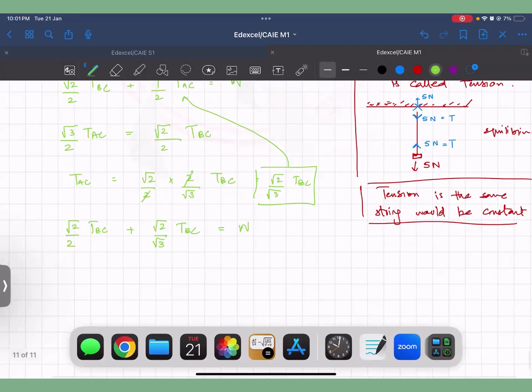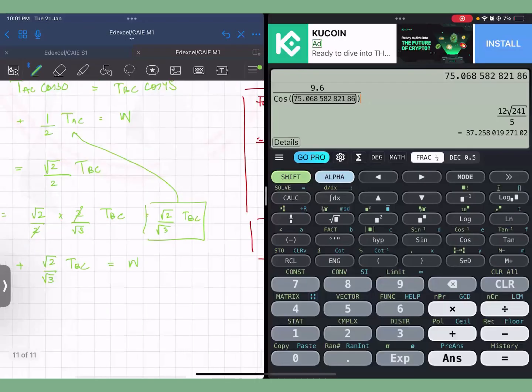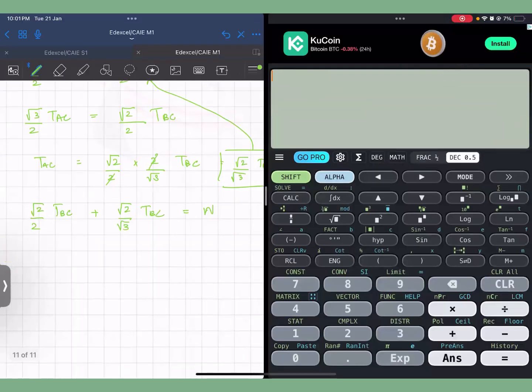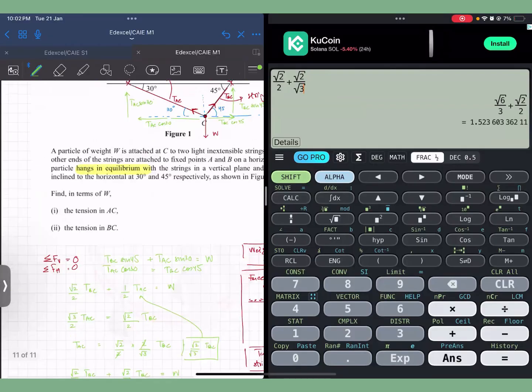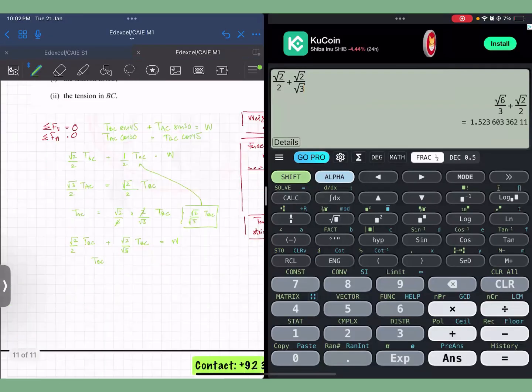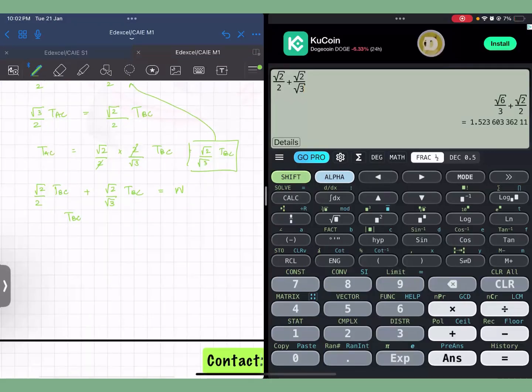So if we take the TBC common, root 2 over 2 plus root 2 over root 3, use your calculator. An exact form this is giving you. They are asking you in exact form, find in terms of W. It's better to keep it in exact form, otherwise it's okay if you give it in decimal points as well.